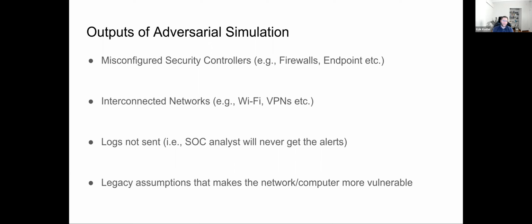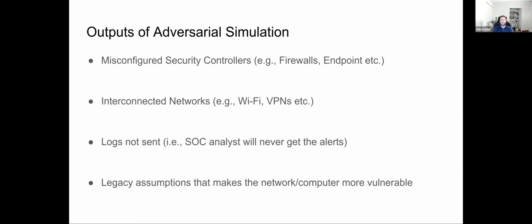So again, the idea here is that regardless of the motivation or the reason that the control becomes misconfigured, adversarial simulation can help uncover that fact, and then help the companies understand which junctions, networks, or endpoints could be exposed. And again, we're going to talk a little further down about what exposure means in terms of business and threats. But right now, let's just call it exposure to a breach or exposure to a security incident.